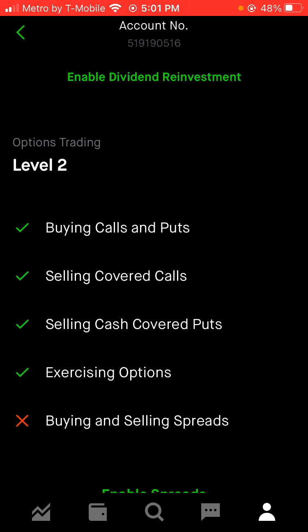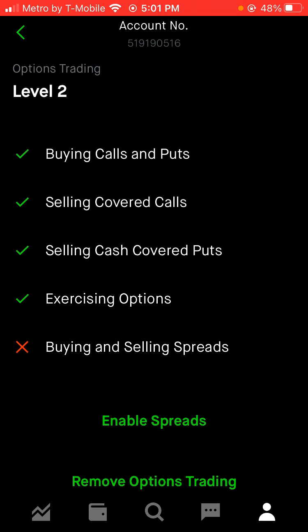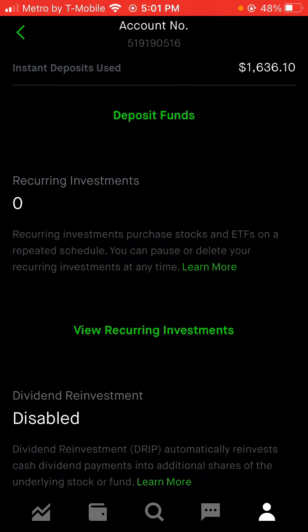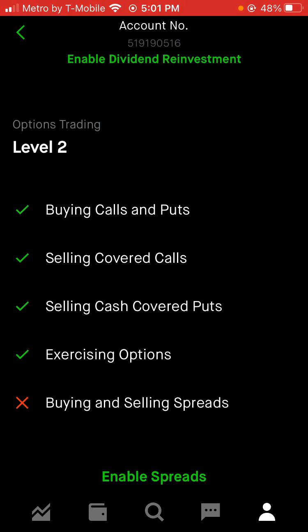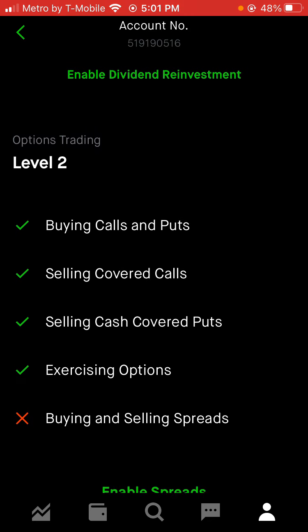And if you want to turn on options, do it from this area too. Options are totally different than stocks. I might do a different video explaining what options is. Options can make you money way faster than you ever could buying stocks.